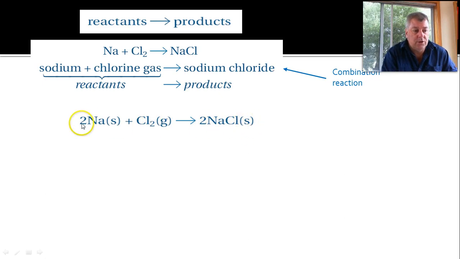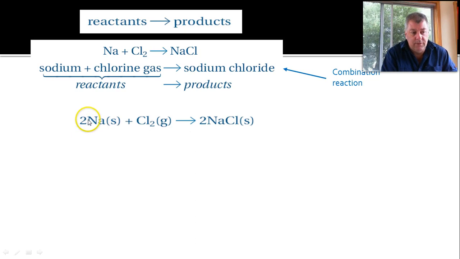Now notice also the 2 here. This 2 is a coefficient that's used to balance. Just as this 2 down here tells us there's 2 chlorines joined together, this 2 here tells us there's 2 sodiums. It's like in maths where you have a 2 multiplied by something.